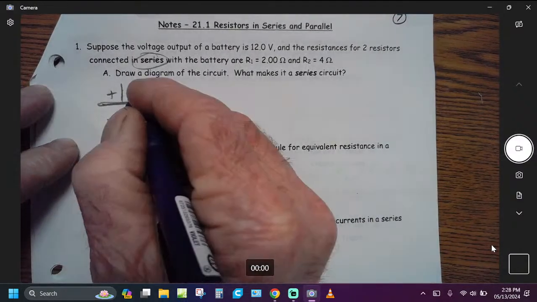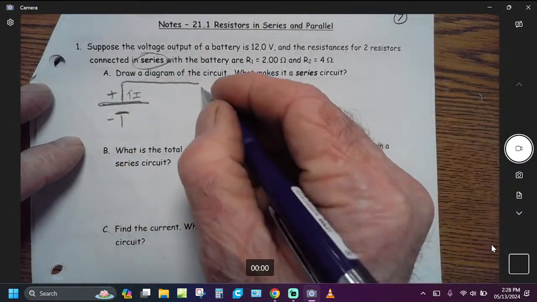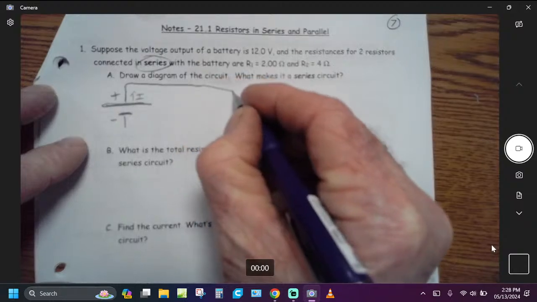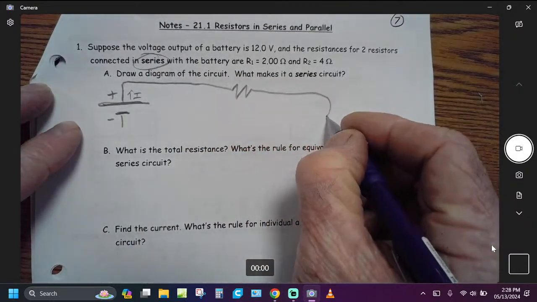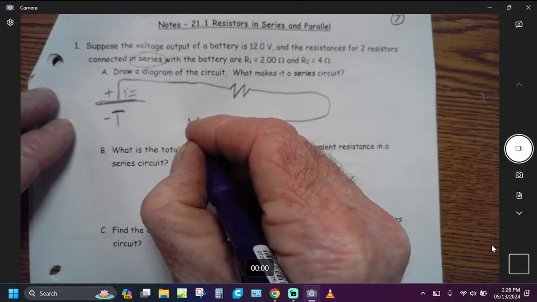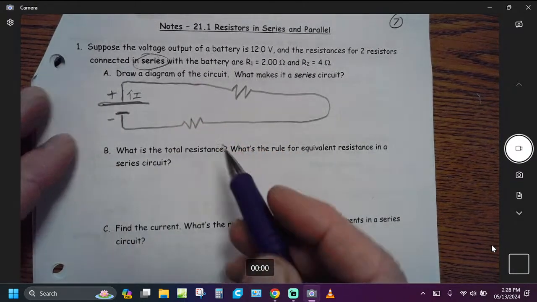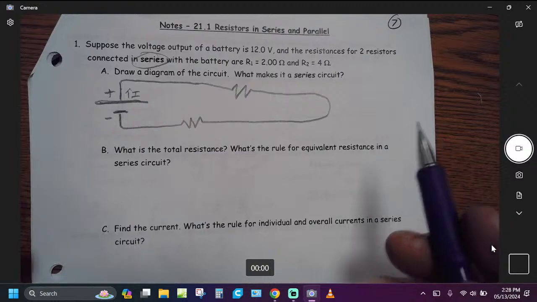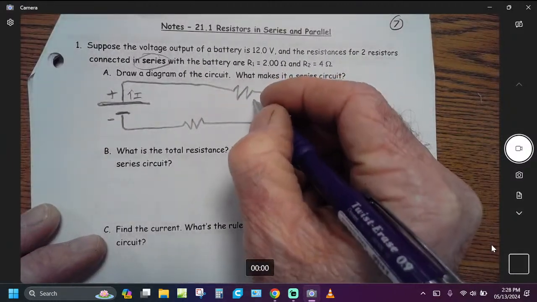Current comes out this way, and it's going to go through this wire and through, let me angle this down a little bit, 2 resistors. There's R1, and this will be R2. You can put them wherever you want. There's no particular number of squiggles that you have to have.